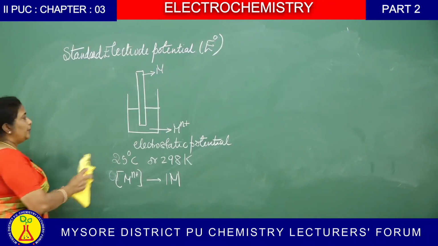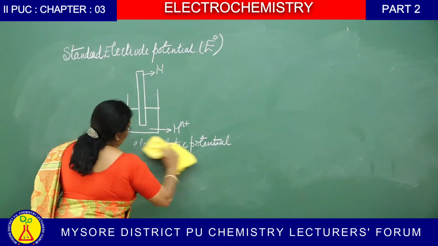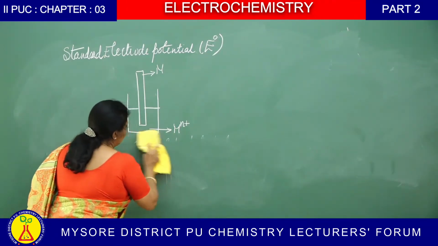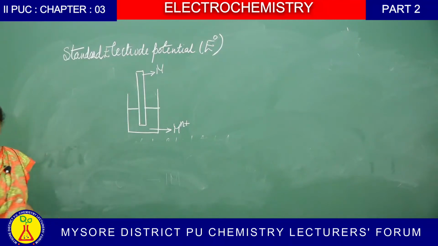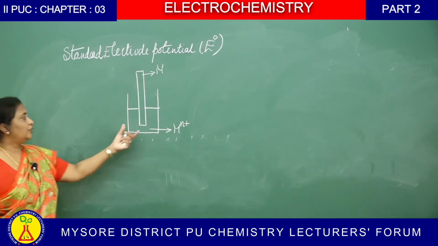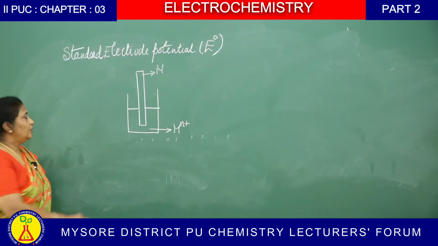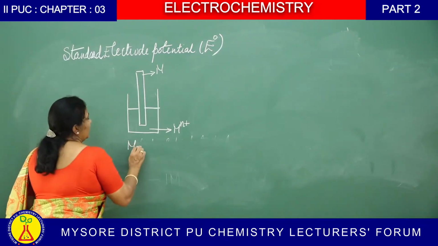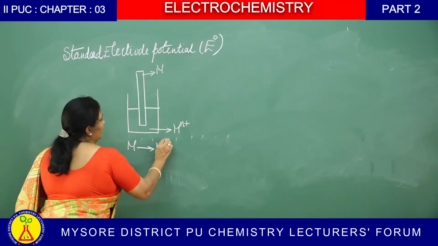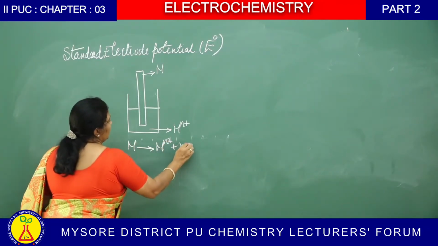Whenever we place a metal into its own solution, these metals have a tendency to pass into the solution as ions, so you have the reaction M giving Mn+ plus ne-.